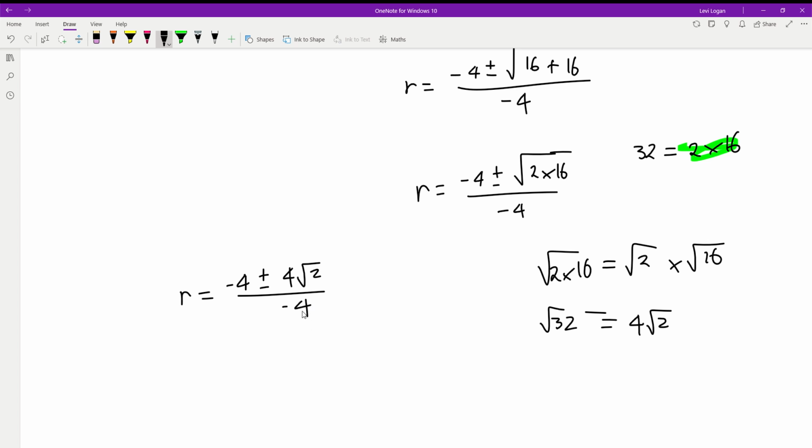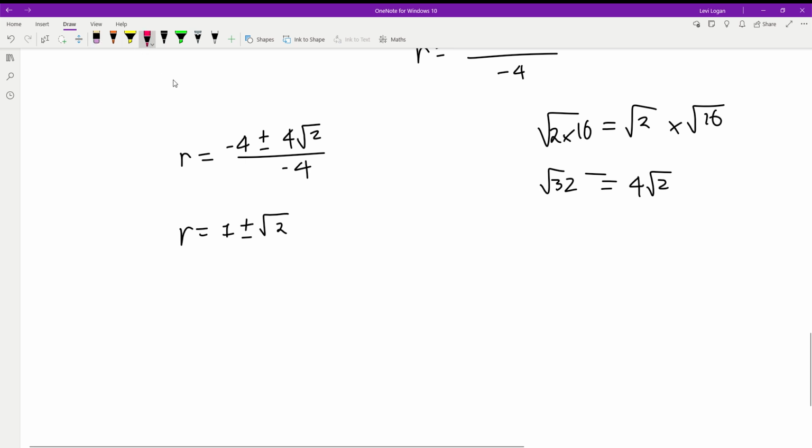Now you can see I've got 4's here, so I'm going to divide by 4. So r is going to be positive 1. Now this is still going to be a plus or minus because remember there are two solutions, so we can write plus or minus square root of 2. Okay, so we've got two solutions there, which I thought we might have.